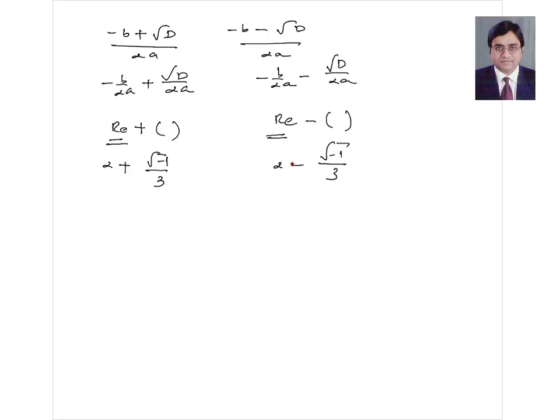Such complex numbers are called conjugate complex numbers. Complex conjugates means that the real parts are same. A complex number has a real part and a non-real part. In these two twins, the difference is only in the sign for the non-real part. For real parts, there is absolutely no difference. So when you have such complex numbers, then you call them conjugate complex numbers.